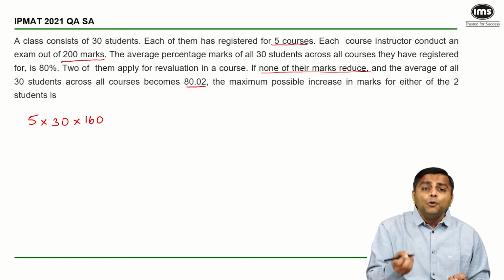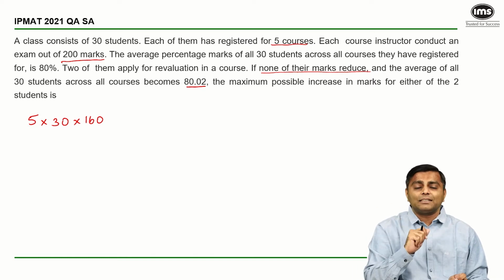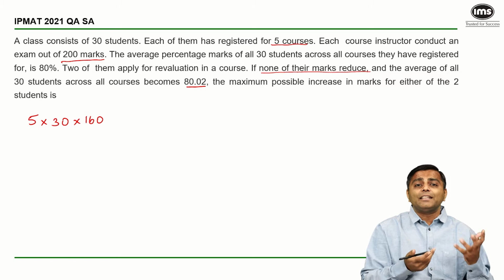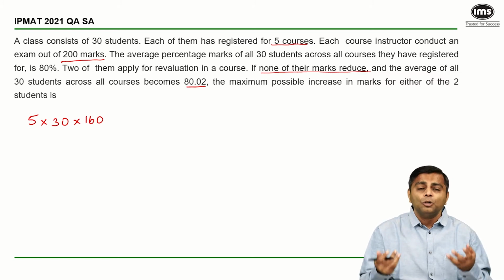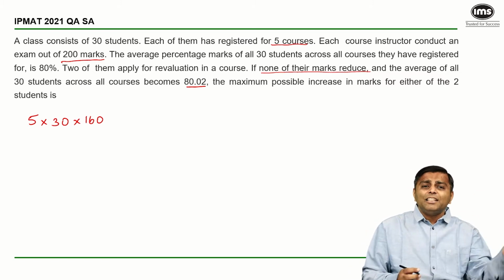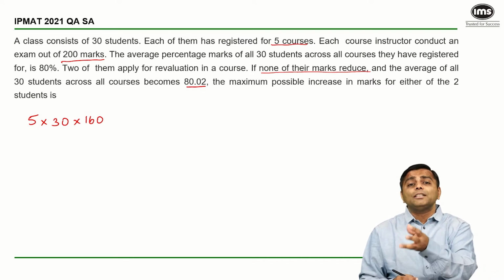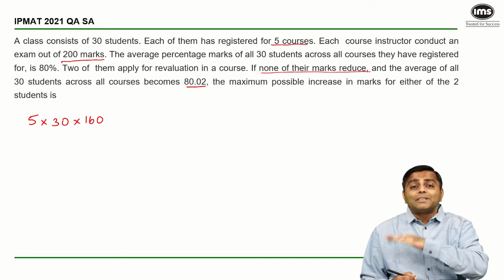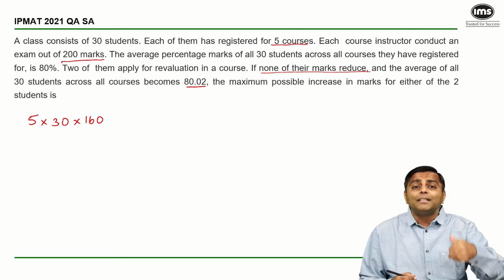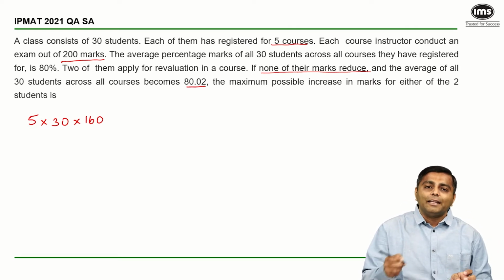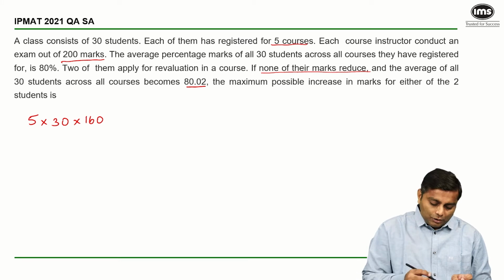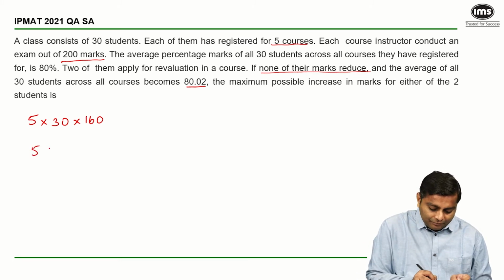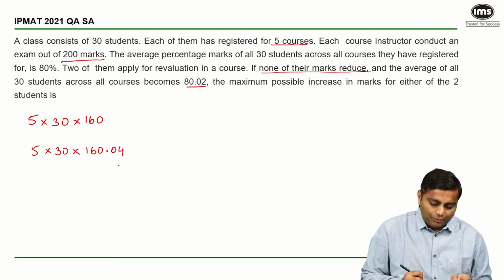Which means the new score that everybody has theoretically taken. When they say that the average has become 80.02, again we can theoretically say that each student scored 80.02% in every subject. So 80.02% means 160.04 marks in every subject. So the new total is going to be 5 into 30 into 160.04.